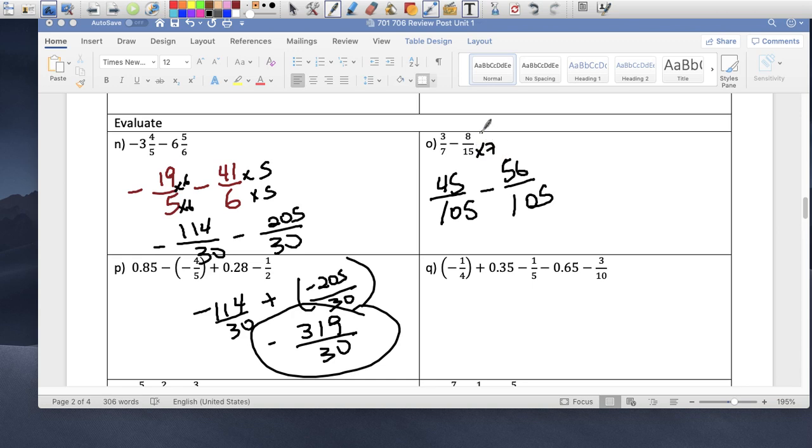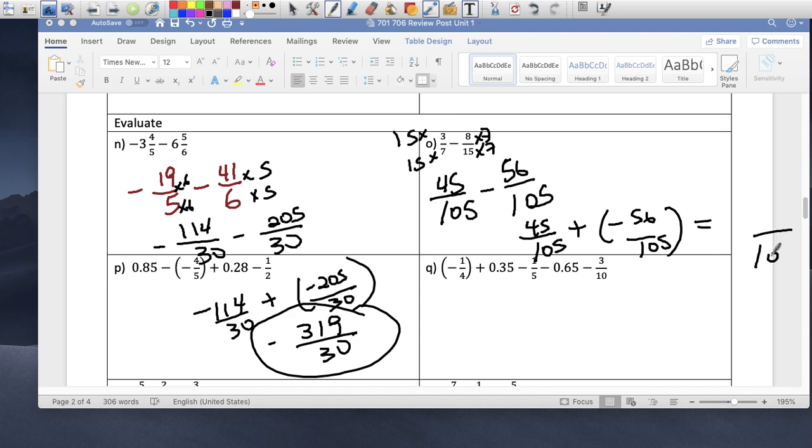So times 7, times 7, times 15, times 15. Subtract, so it's 45 over 105 plus negative 56 over 105. Well, the answer is going to be over 105. Positive or negative? Negative. There's more negatives. How many more? 11 more. So that's my answer.